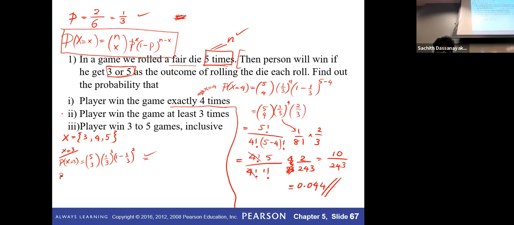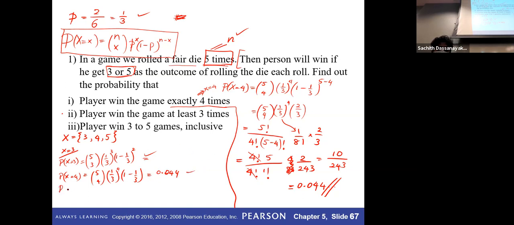Do the same thing for x equal to 4. It is 5 choose 4 for the binomial coefficient, times 1/3 to the power 4, times 1 minus 1/3, or simply 2/3, to the power 5 minus 4, which is 1. This is exactly the first case, and we already know the answer, about 0.044. That is case number 1.